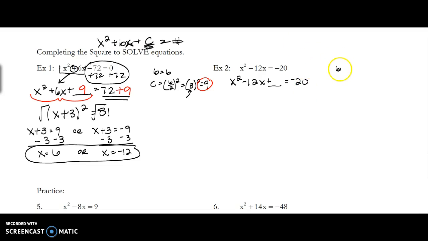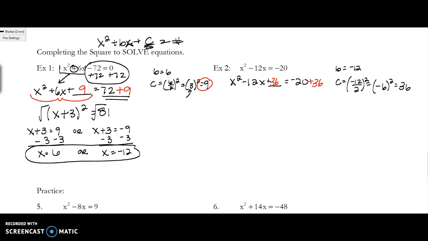So we would say B is negative 12. So C has to be negative 12 divided by 2 squared, which is negative 6 squared, or a positive 36. So we're going to add 36 to both sides.